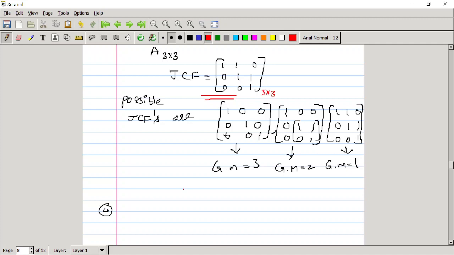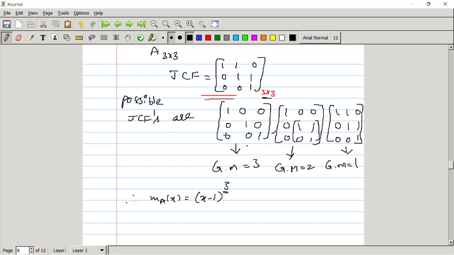In the last class I told you that the order of the highest Jordan block is nothing but the degree of the minimal polynomial. Therefore the minimal polynomial of A is x minus 1 whole cube. This 3 is nothing but the order of the highest Jordan block.